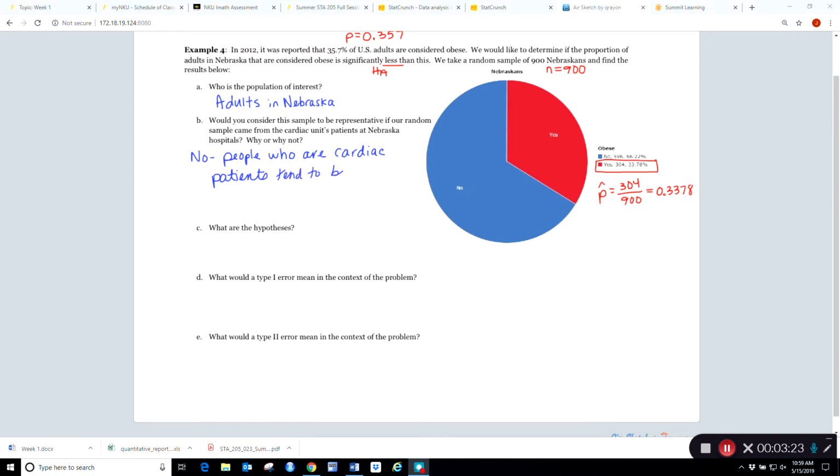Again, I'm not saying they all are, but they tend to be heavier. So I think it would be a biased sample.